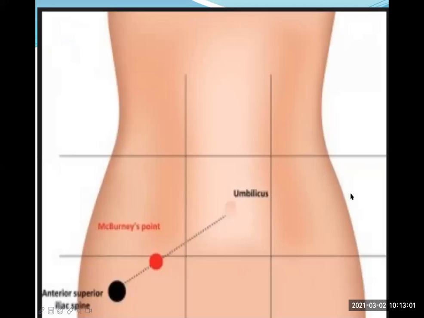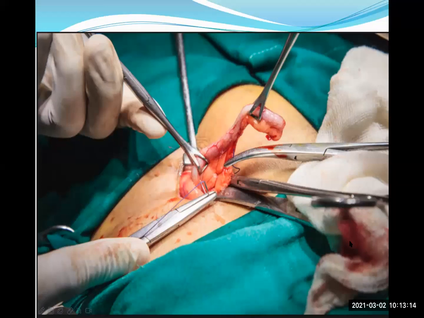Let's move on. Now, this is McBurney's point. Okay, you have already seen it. We have to find it by examination, and probably we have to make the incision right through this area. Now, see this? This is one of the pictures showing an appendicectomy, or appendectomy, surgery.